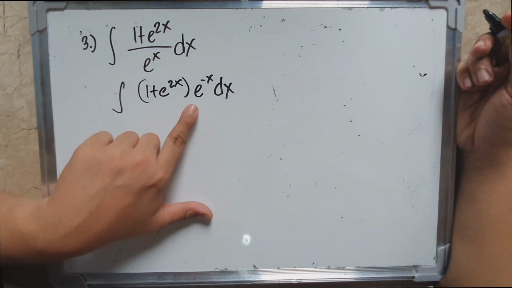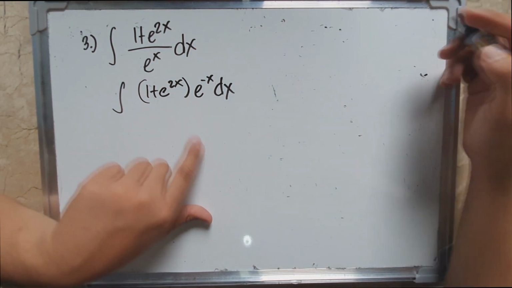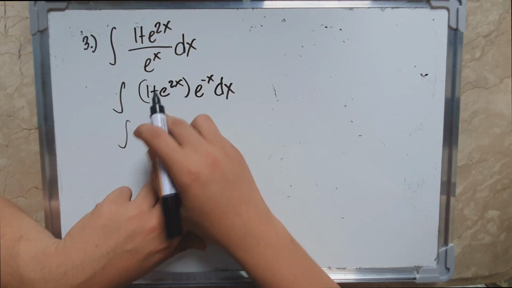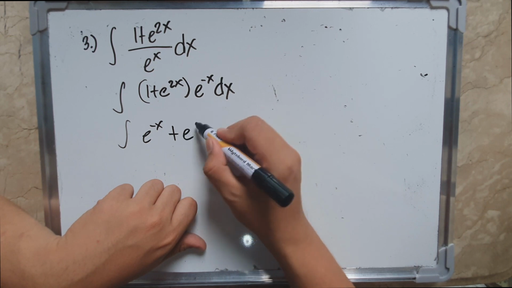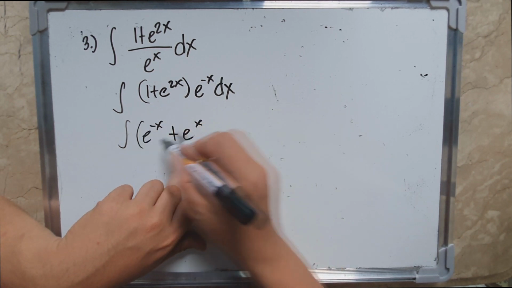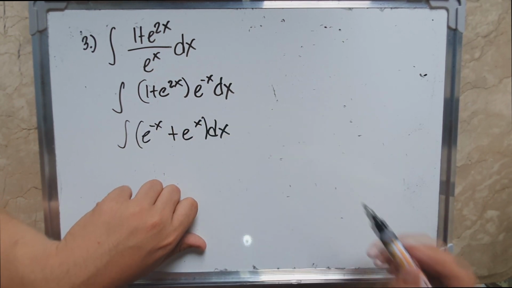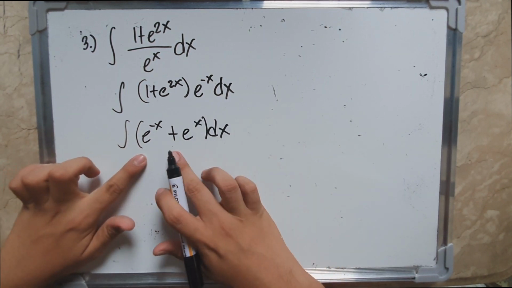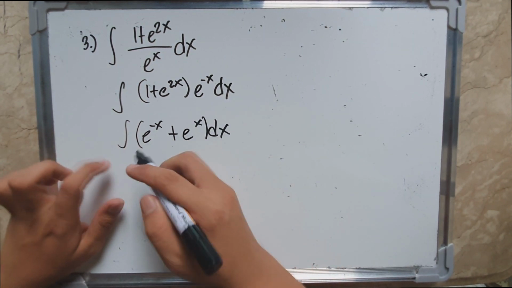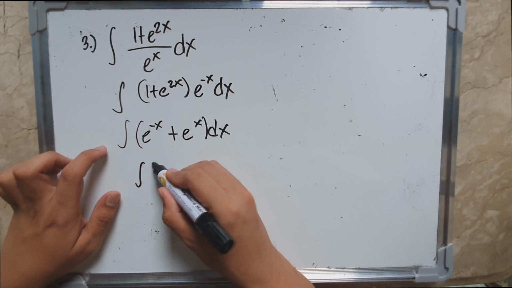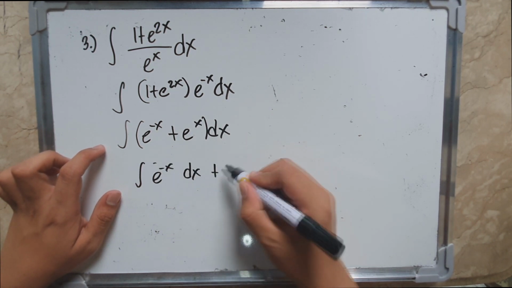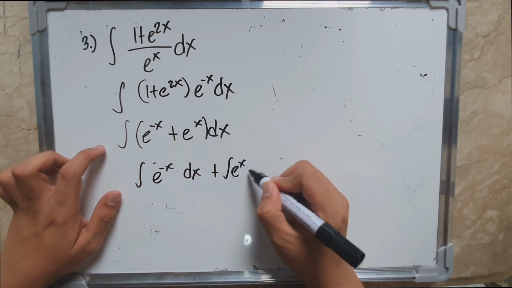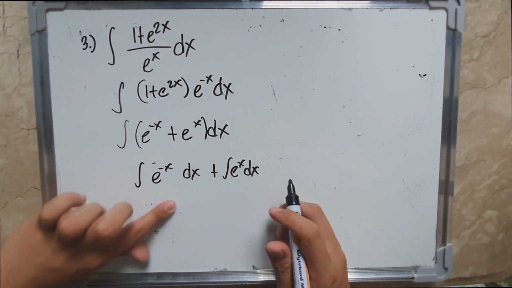Okay, so we will try to distribute this one to our terms right here. We have e raised to the power of negative x plus e raised to the power of x dx. Distributing to all our terms, we now have the integral of e raised to the power of negative x dx plus the integral of e raised to the power of x dx.